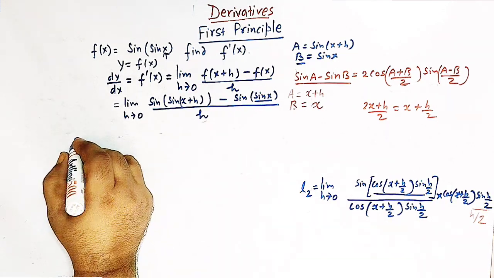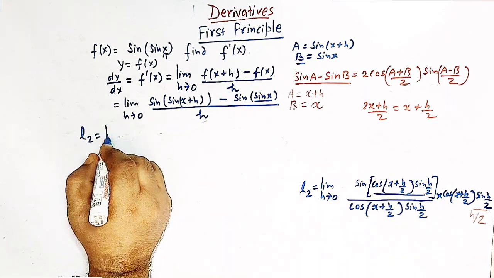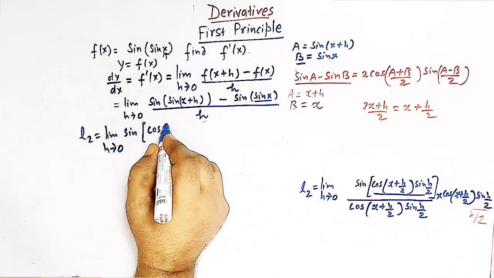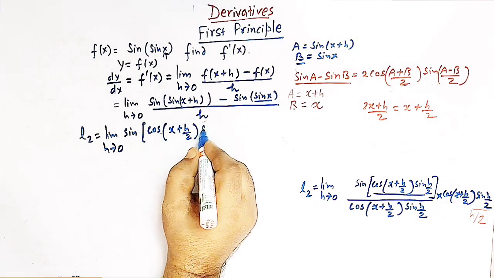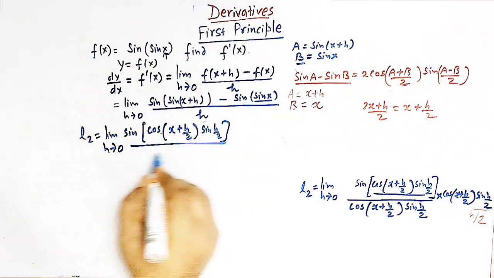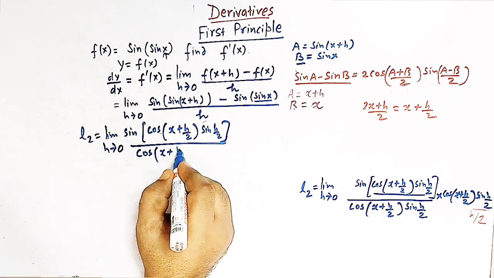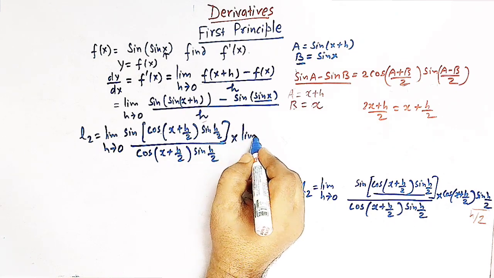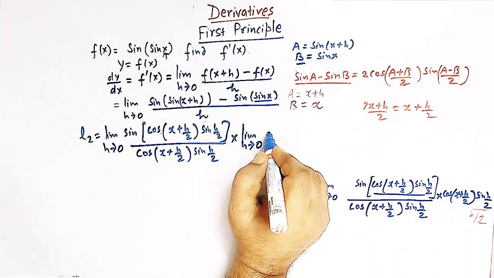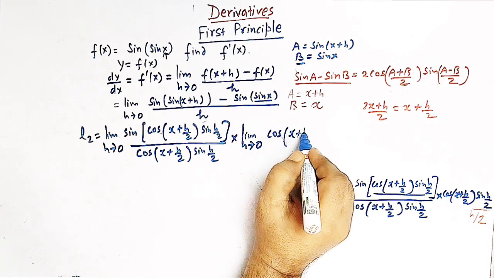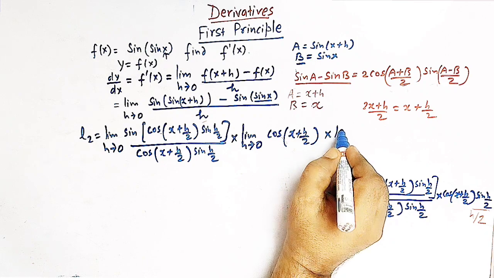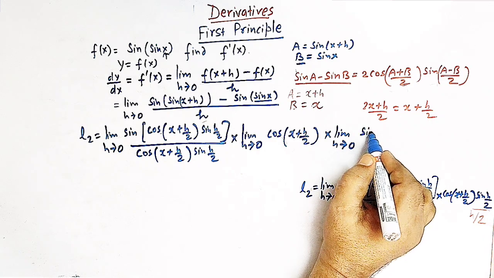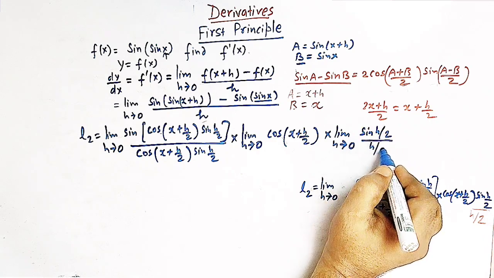So now this limit L2 can be written as the limit h tends to 0 sine of cos x plus h over 2 sine h over 2 divided by cos x plus h over 2 and sine h over 2, multiplied with the limit h tends to 0 cos x plus h over 2, multiplied with the limit h tends to 0 sine h over 2 divided by h over 2.